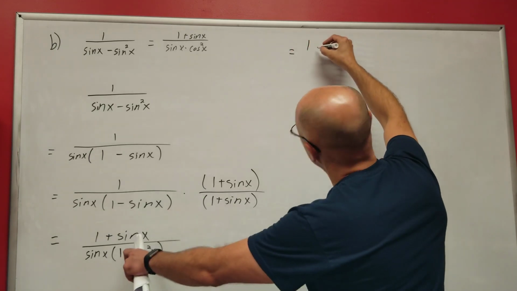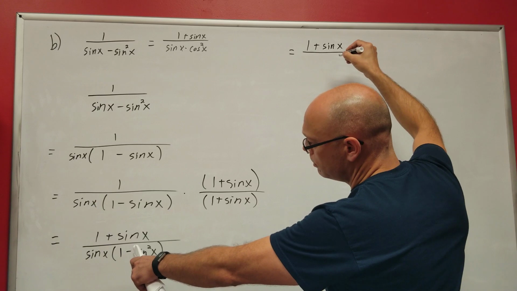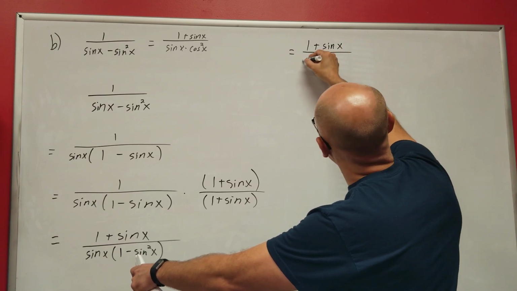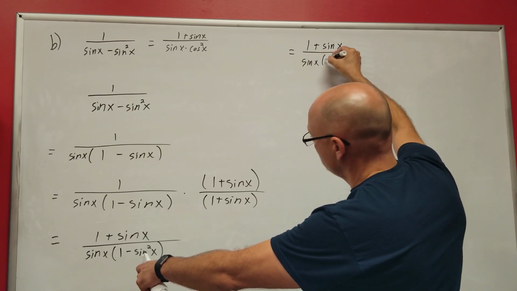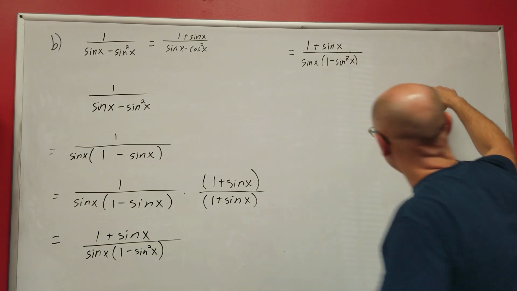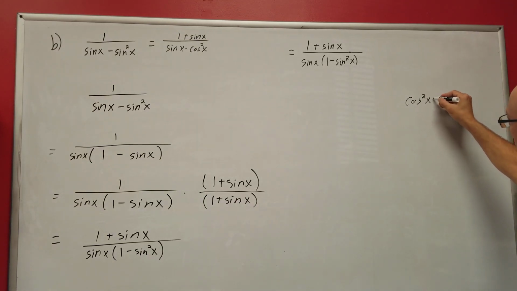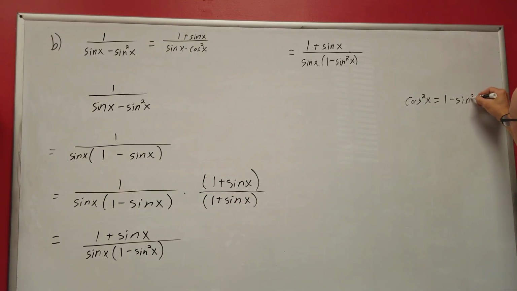So I have 1 plus the sine of x. I'm just going to recopy it here, okay? Over sine of x times 1 minus sine of x squared. But what did we say a little while ago over here? We said cosine squared of x is equal to 1 minus sine squared of x, right?